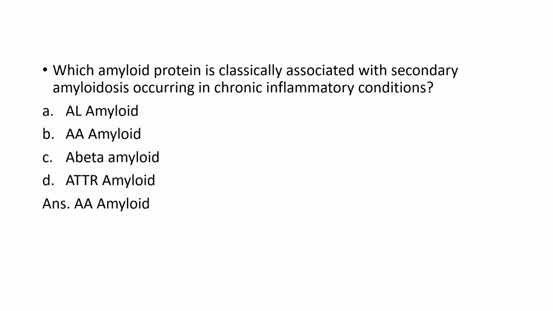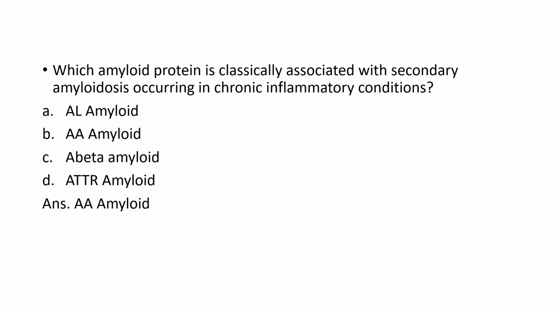AL amyloid is seen in conditions like multiple myeloma, where there is increased light chain production. A beta is seen in the brain, like in Alzheimer's disease. ATTR is seen in familial amyloidotic neuropathies or senile amyloidosis.